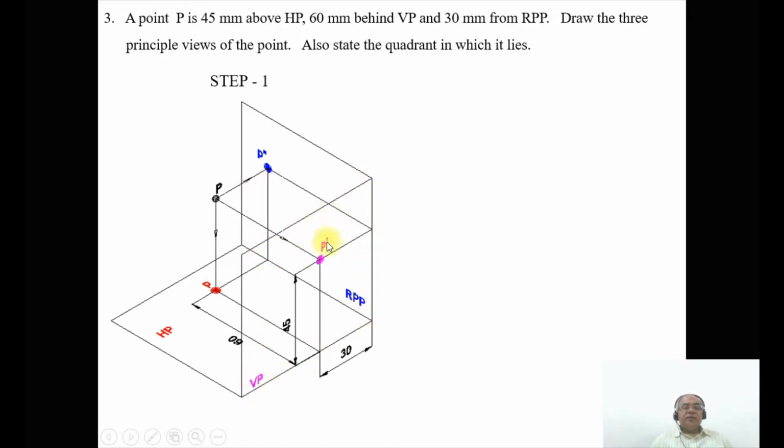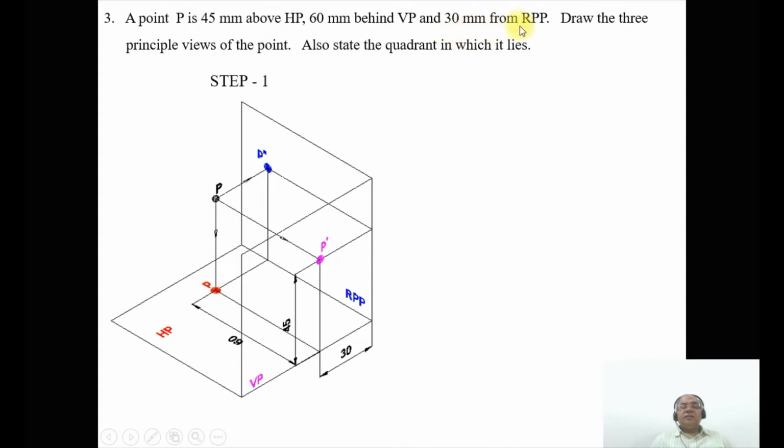From here the distance is 60, and that distance is seen here on the horizontal plane, which is 60 mm. When you look from the top view, the image falls directly on the horizontal plane because the top view is perpendicular to the horizontal plane. So obviously that image will fall on HP, and since the image falls on HP, it is the top view.